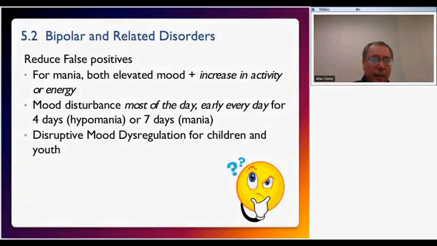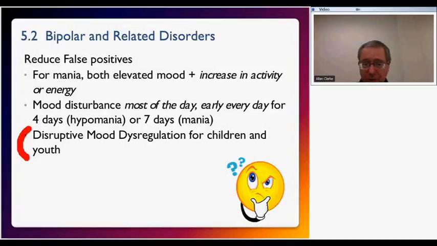The other change that they made was creating a diagnosis, disruptive mood dysregulation. This is for children and youth. What they found with the diagnosis of bipolar in children is that often those individuals, when they became adults, didn't go on to continue to have a bipolar disorder, but they were more likely to be in the depressive or anxious category.